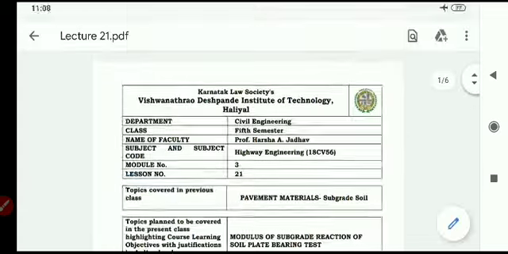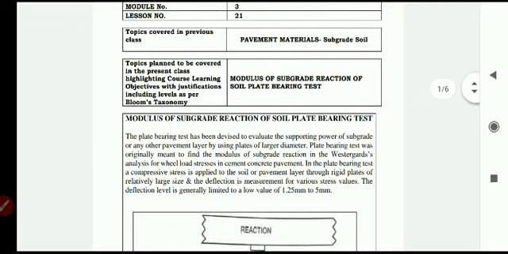So friends, whatever the plate bearing test method is, it also gives very good answers to know the properties of the subgrade soil. But as far as the California bearing ratio test is concerned, it is one of the ideal methods to check the bearing capacity of a soil.